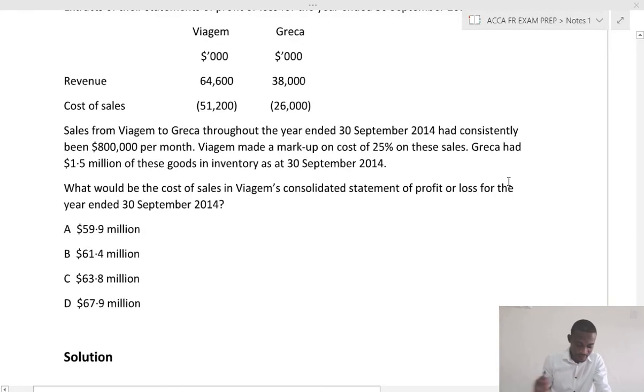Starting with the requirement, what would be the cost of sales in Viagem's consolidated statement of profit or loss for the year ended 30th September 2014.